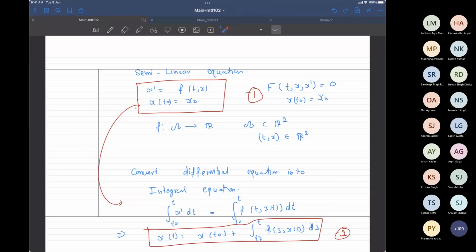If f is continuous, then they are equivalent. So f should be continuous in both variables. Yes, of course. When I say f is continuous, it is continuous in both t and x. Note that if f happens to be continuous, it automatically implies that x prime is also continuous.